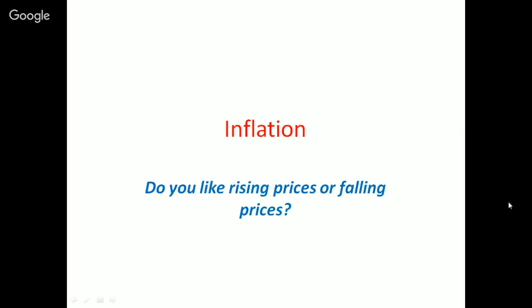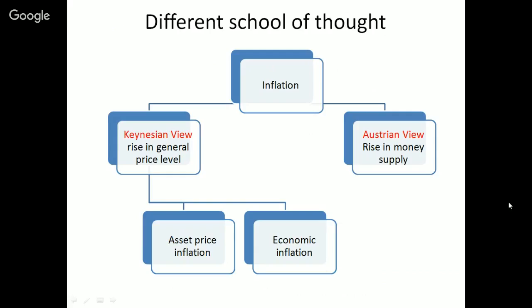Okay. So every concept has different schools of thought. In a similar way, in economics we have two prominent schools of thought. One is the Keynesian view, and the other one is the Austrian view. Now let me put it this way.